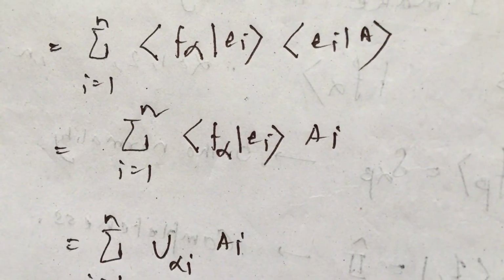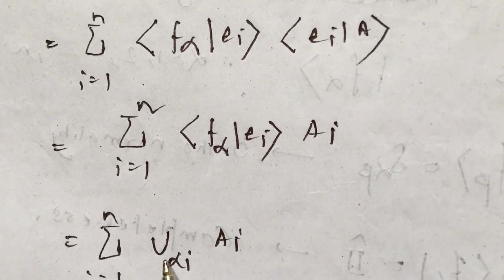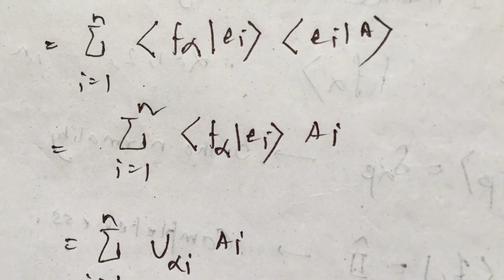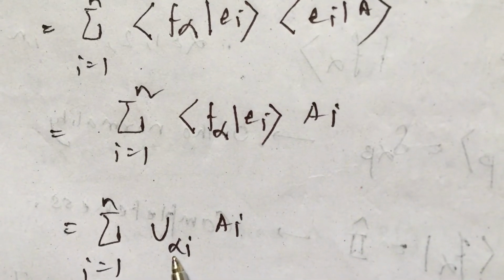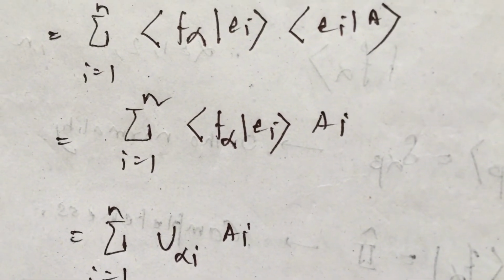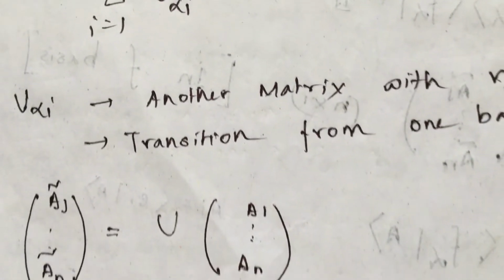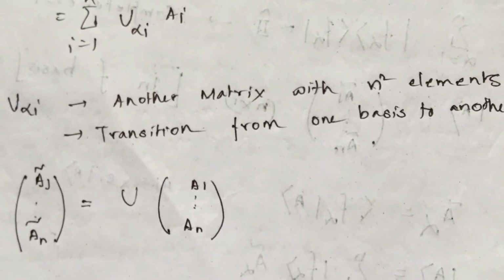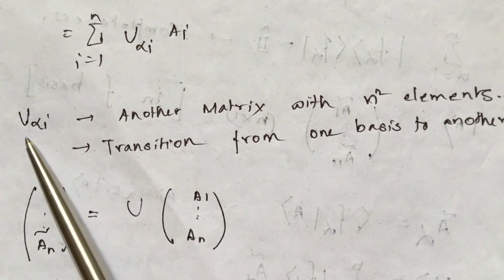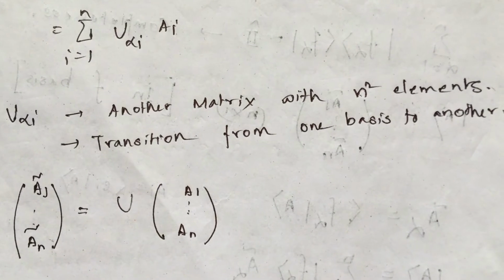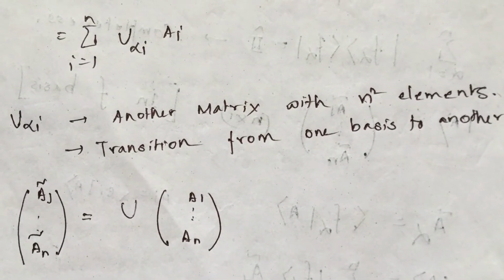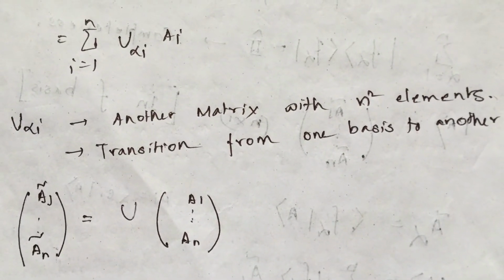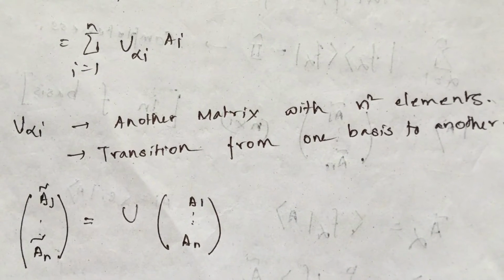That means if I consider this U as a matrix, then one index is from F basis, and the other is from E basis. So U alpha i is another matrix, but with n squared elements: n elements from E basis and the other n elements from F basis.